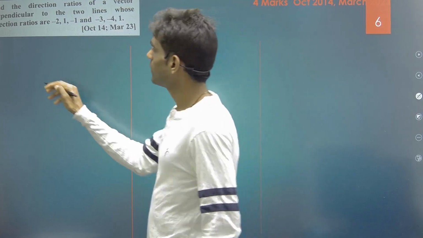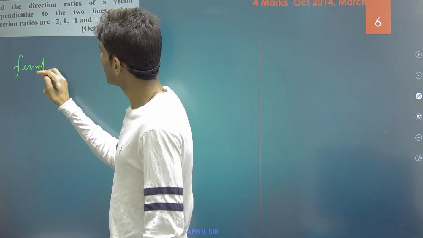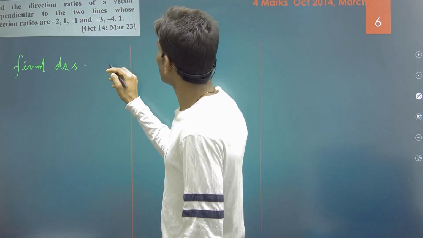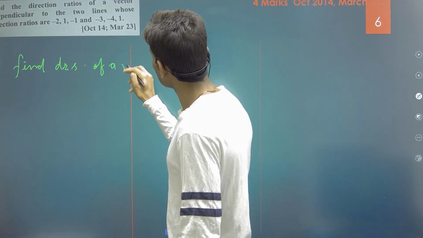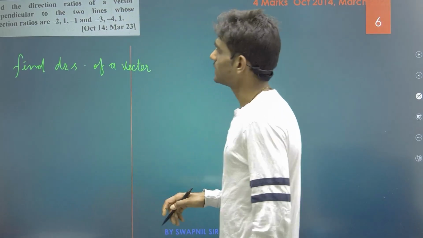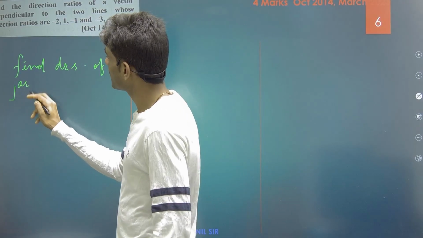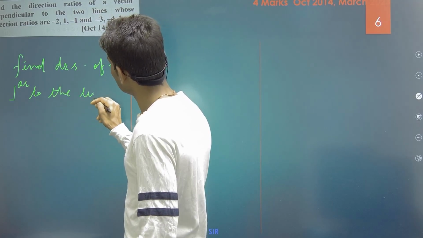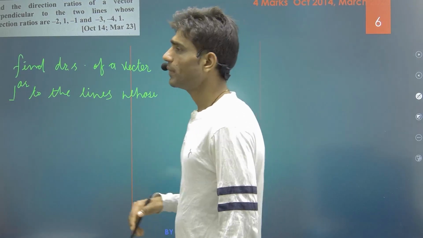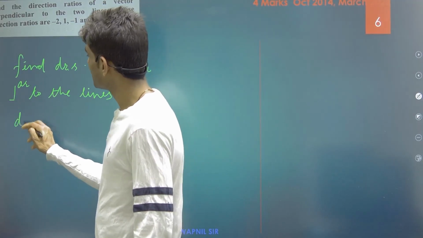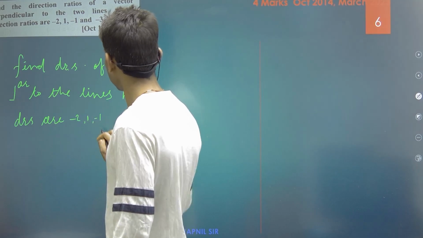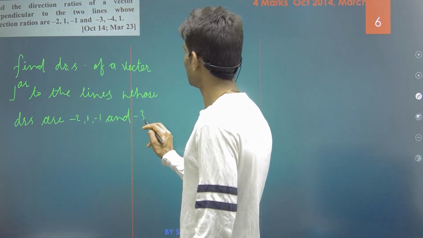What we want here is to find the direction ratios of a vector perpendicular to the lines whose direction ratios are -2, 1, -1 and -3, -4, 1.